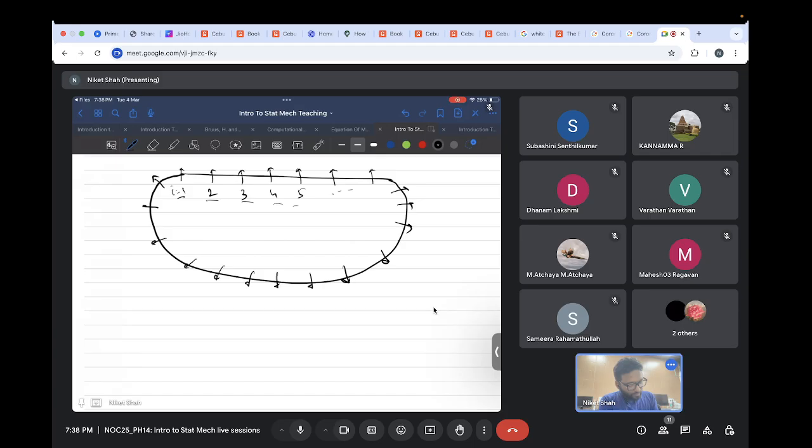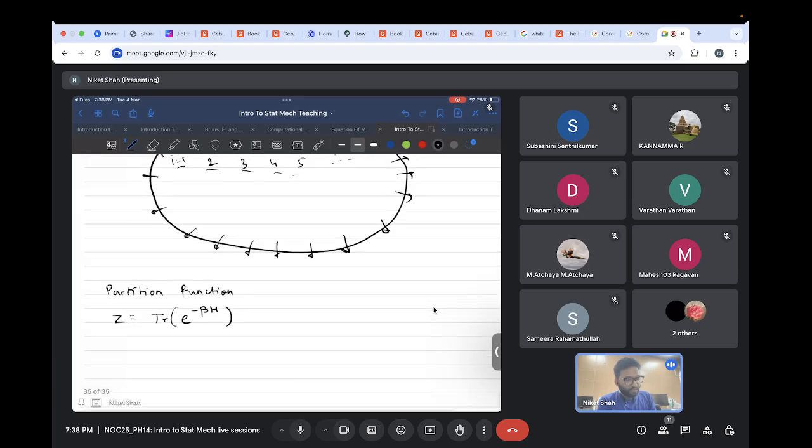Firstly, we will calculate the partition function. Z is equal to trace of e raised to power minus beta H. That's our partition function. Here, trace basically means summing over all possible values.